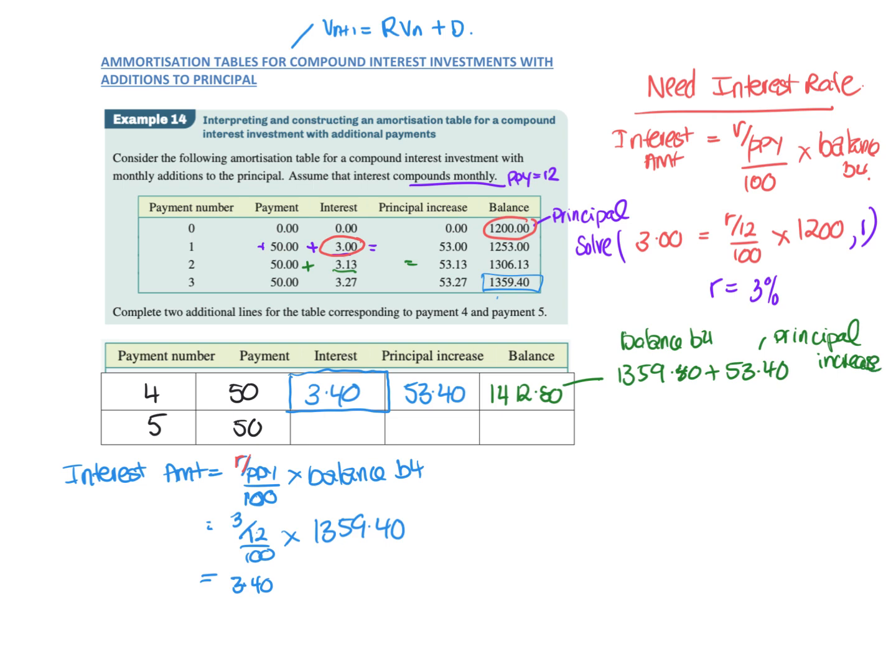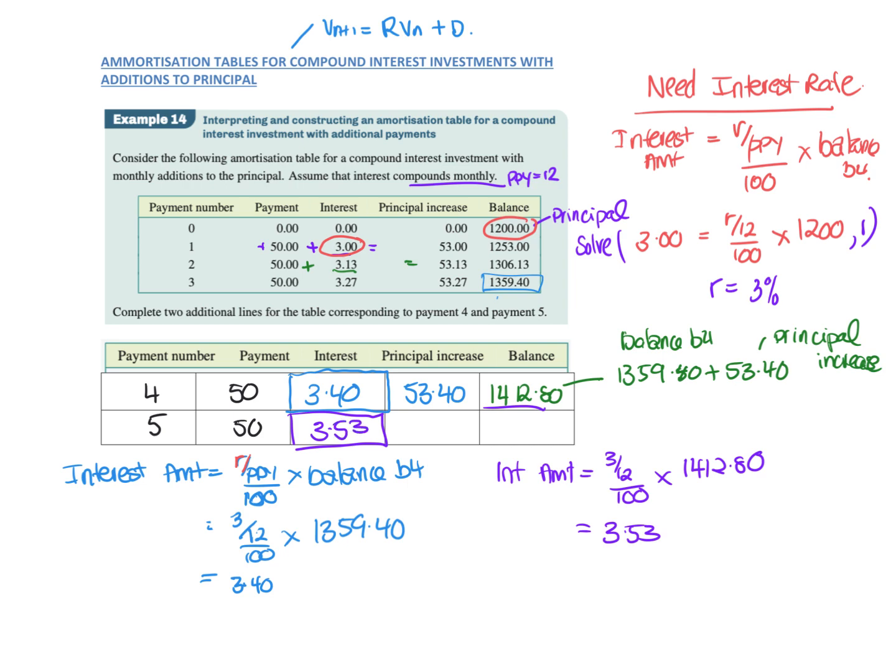Now I want to find the interest for this one. I'm going to do the same thing: interest amount. I can go straight to 3 over 12 over 100 times the balance before, which was 1412.80, and I end up with $3.53.